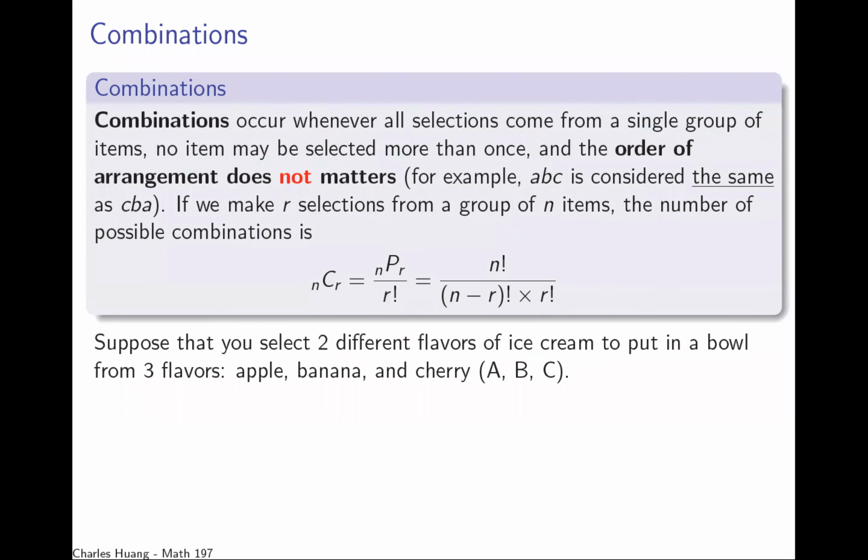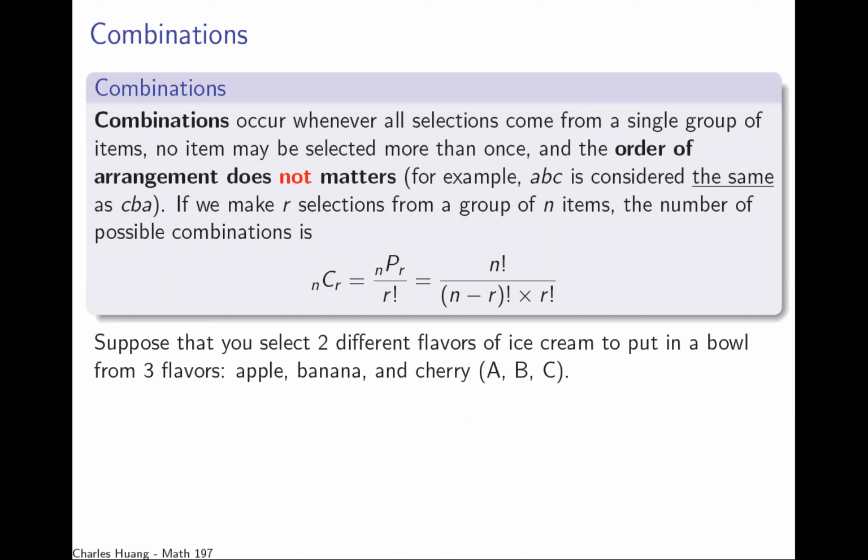Something that's slightly different is called the combination. In combination, the order does not matter. Suppose we have 3 different flavors of ice cream to choose from: apple, banana, cherry.